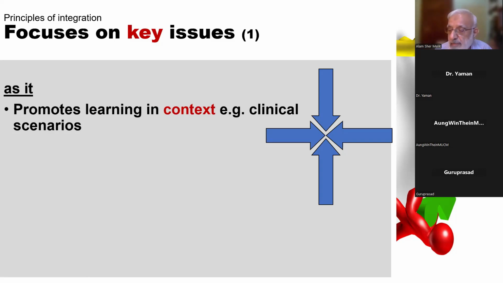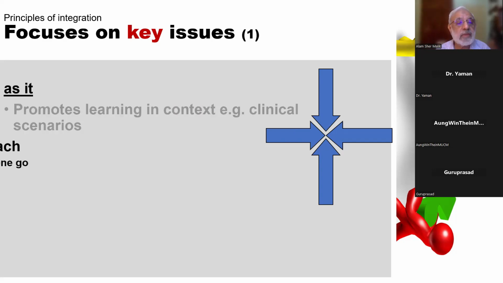When we were talking about early clinical exposure, it means that when we are teaching anatomy, physiology, or biochemistry, we are relating our teaching to clinical scenarios, clinical context. So it is the promotion of learning in a relevant context.